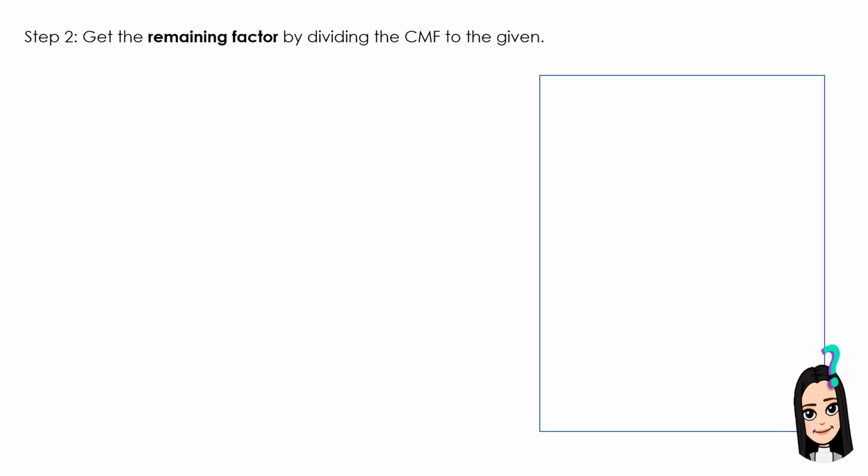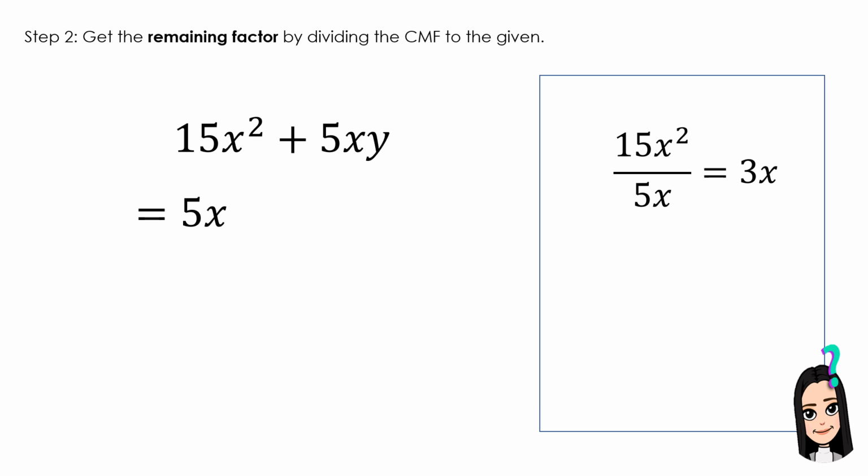Okay, so for step 2, get the remaining factor by dividing the given by the common monomial factor. So again, our given is 15x squared plus 5xy, and earlier we solved for 5x, which is our common monomial factor. So let us divide the given by this common monomial factor. We have 15x squared from the given, and then our 5x, which is our common monomial factor.